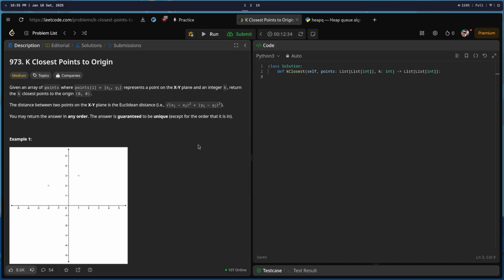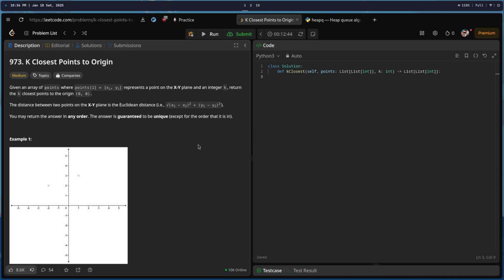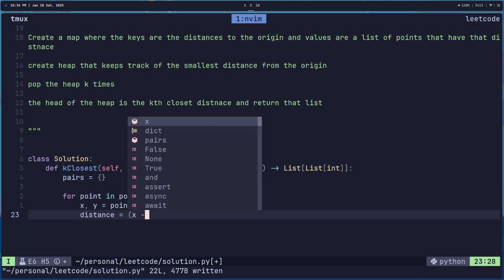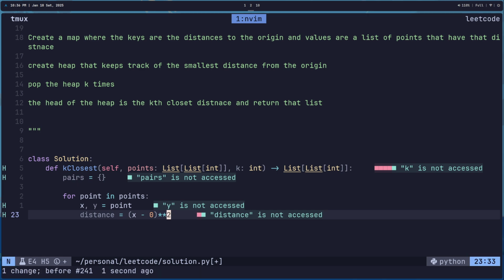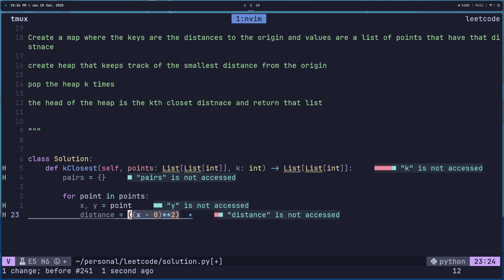So let's do this. Distance is equal to x minus 0 squared plus the same thing but y.